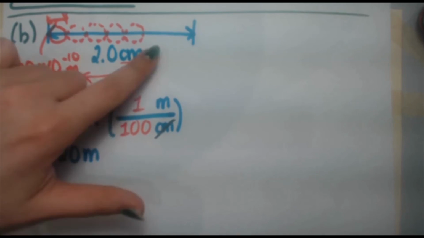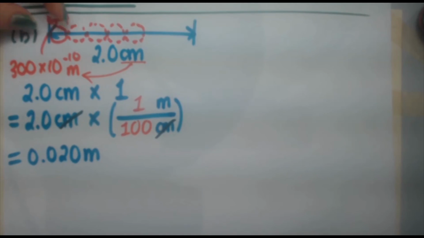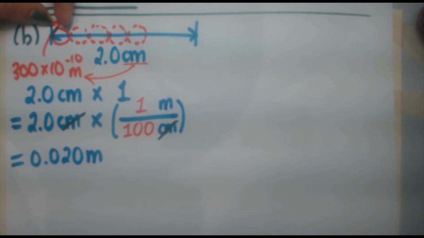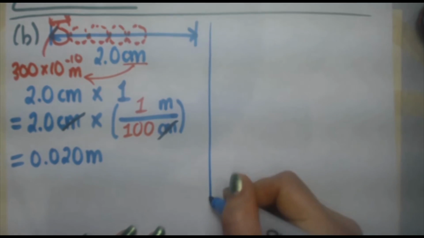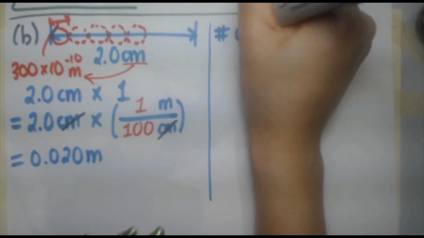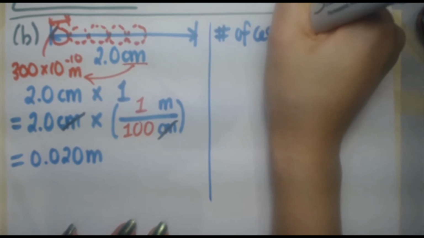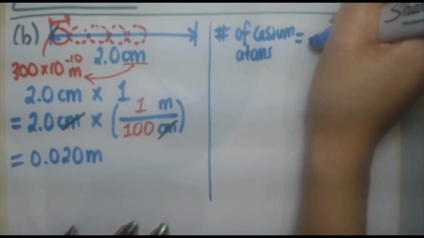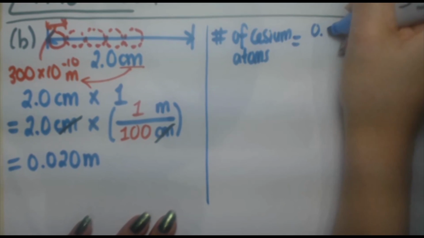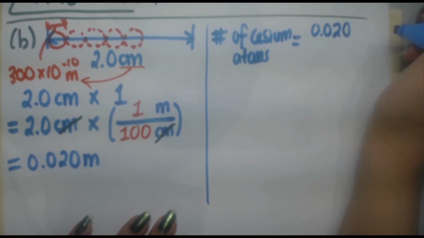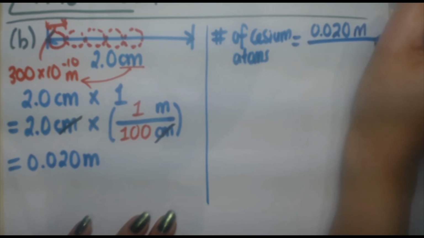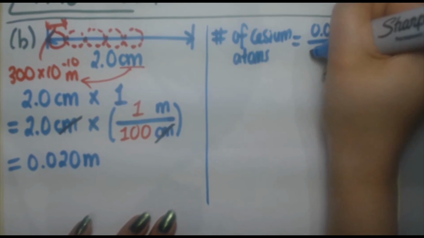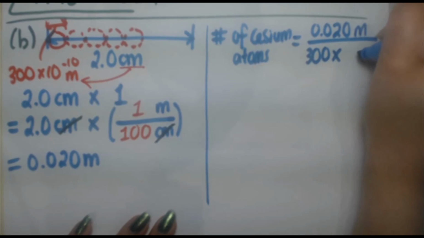So this is how wide the total length is. We know how wide the diameter of the cesium atom is. Let's figure out how many we can fit. So the number of cesium atoms is equal to the total width of the line, 0.020 meters, divided by how much space each one takes up, which turns out to be the diameter of the cesium atom, 300 times 10 to the minus 10 meters.